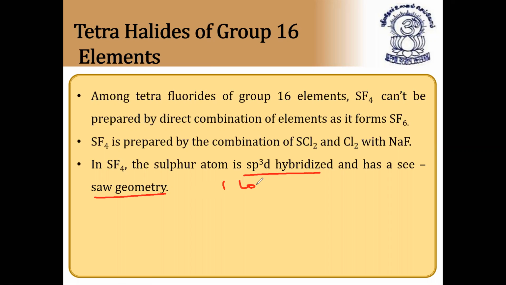It has one lone pair of electrons, so it will not take a regular shape. Due to sp3d hybridization it should have a regular shape, but due to the presence of one lone pair of electrons, it takes seesaw geometry. You can see here, this is called seesaw geometry. So hexafluorides have no lone pairs, while tetrafluorides have a lone pair of electrons.